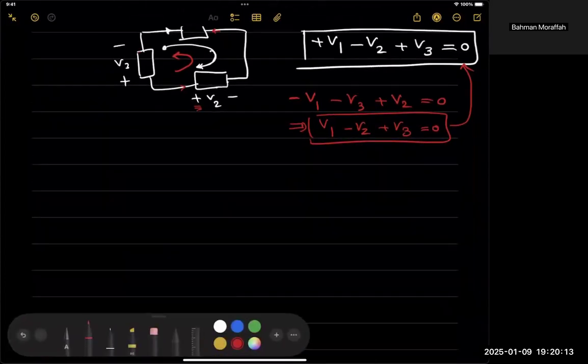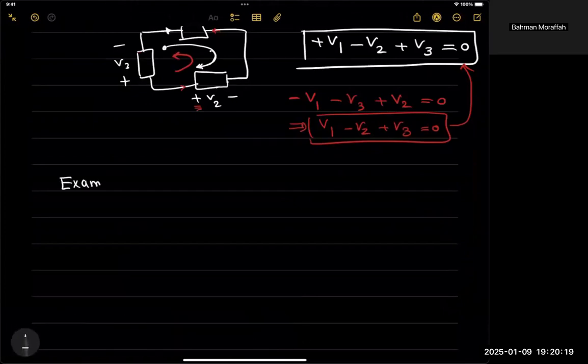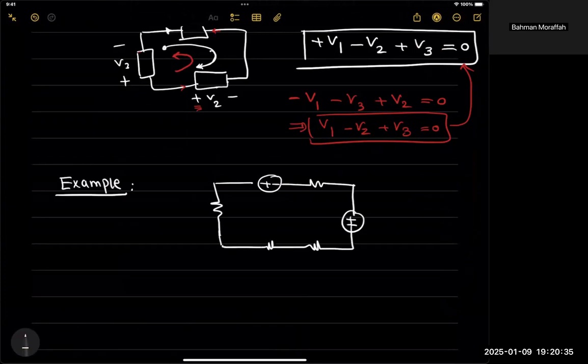Let's do a quick example to see exactly what's happening over here. Example. Let's say I am given this circuit. This is 6 volts. This is 24 volts. This is 4 volts. This is 6 volts. This is 12 volts.